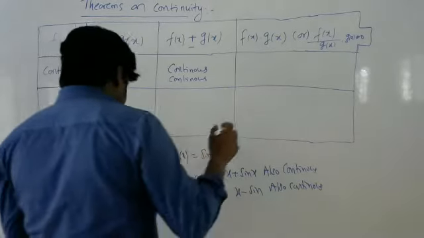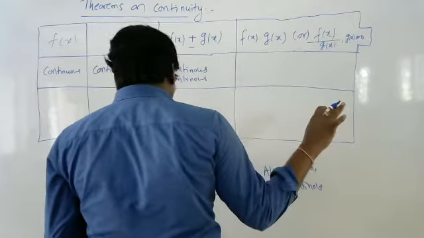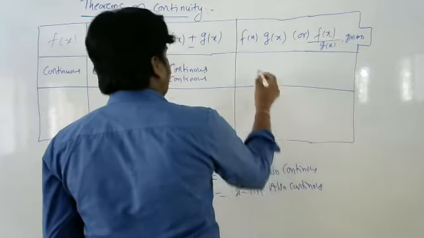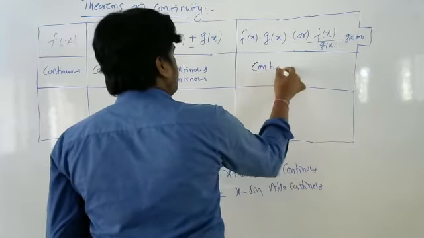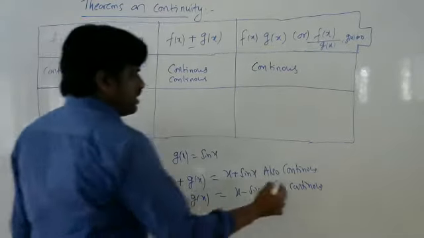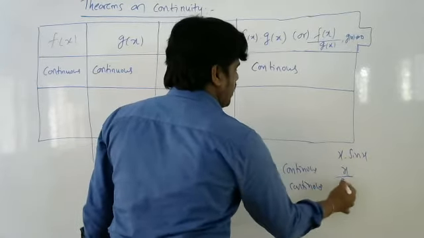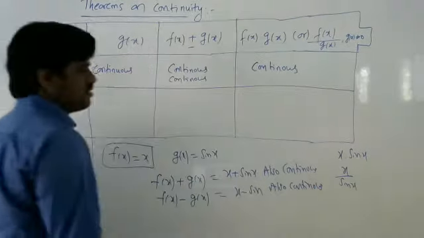Then f of x into g of x, that is x into sin x, is also continuous, and f of x by g of x is also continuous. So x divided by sin x is also continuous.